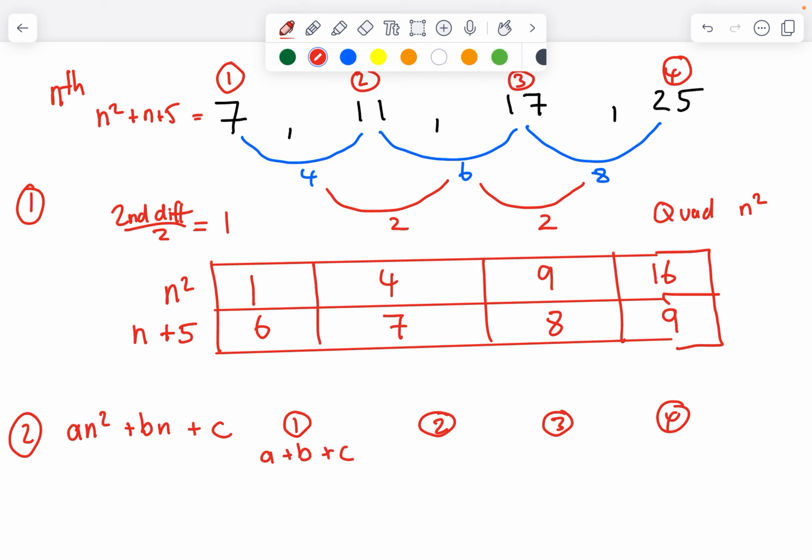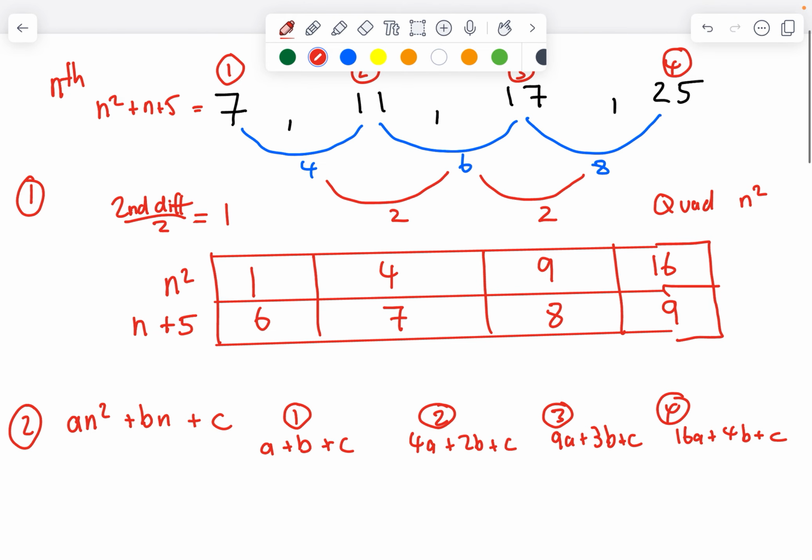The second term is going to be 2 squared times a, or 4a, plus 2 times b, plus c. The third term is going to be 3 squared, or 9a, plus 3b, plus c. And then we're going to have 16a plus 4b plus c. Okay, and that's how we can write that in terms of algebra.